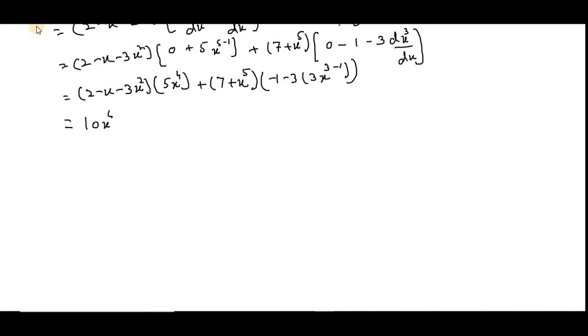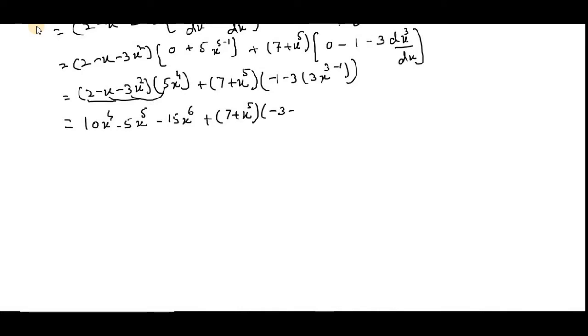Now simplifying, that is 10x raised to power 4 minus 5x raised to power 5 minus 15x raised to power 6, which means that we have multiplied 5 with this term and this term.